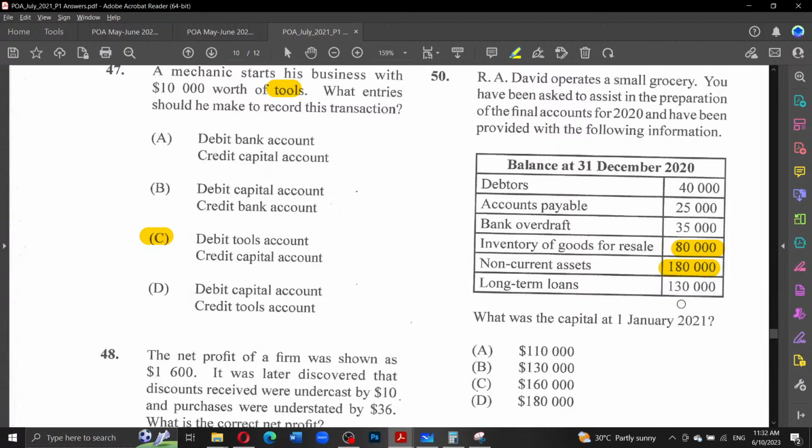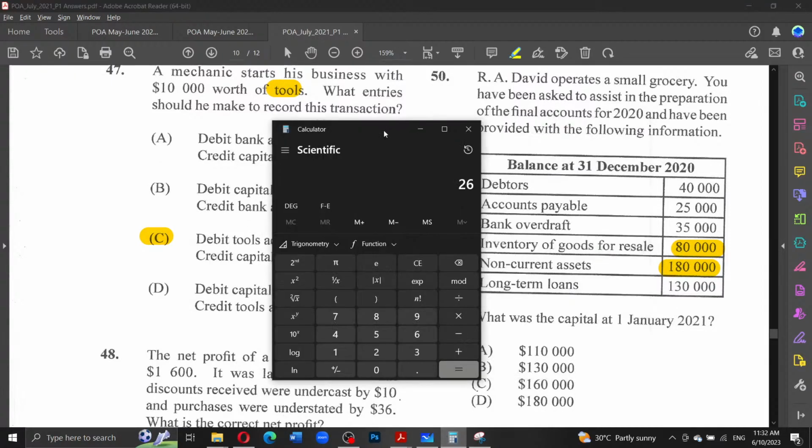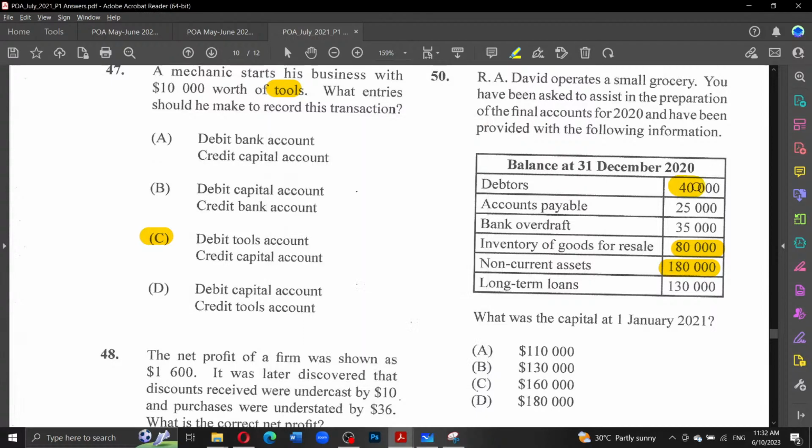So 80,000 plus 180,000 is going to be 260,000 minus everything else. 40,000 minus 25,000 minus 35,000 minus 130,000. Alright, I think I made a mistake somewhere. Oh, no. Okay, the debtors here, this here is an asset as well.